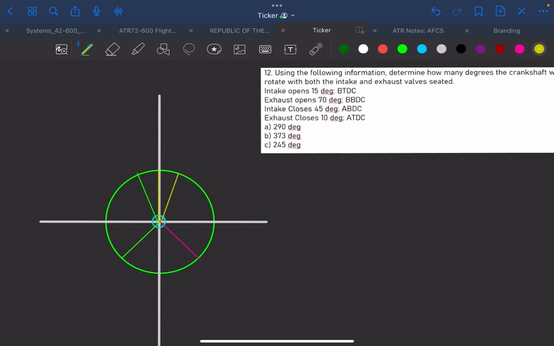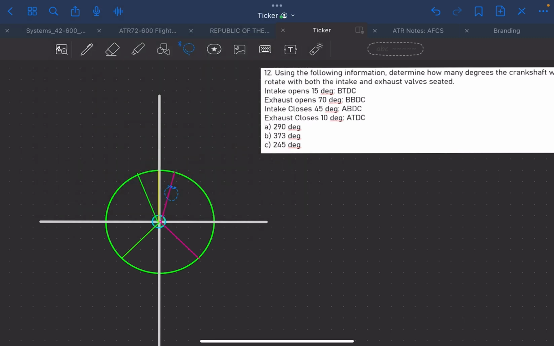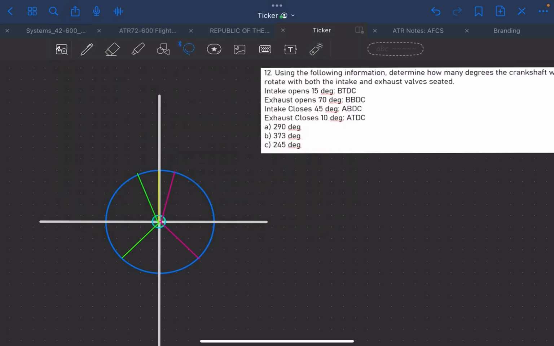We have reached top dead center. And after top dead center, 10 degrees, we have your exhaust valve closure. Let me just color this in a different color so that you won't be confused.